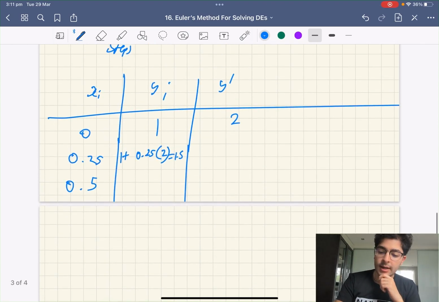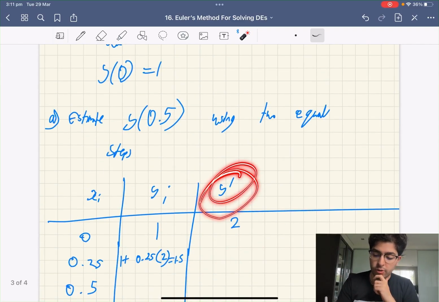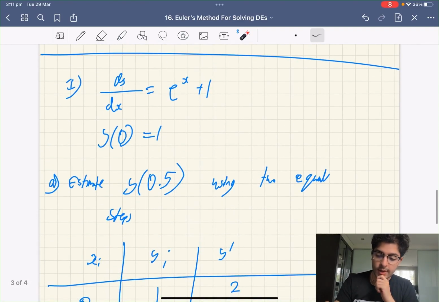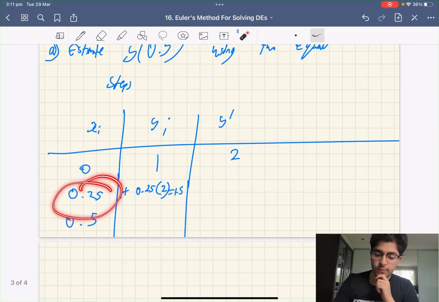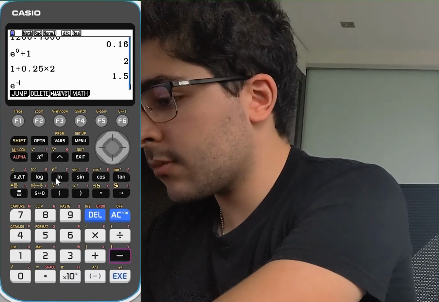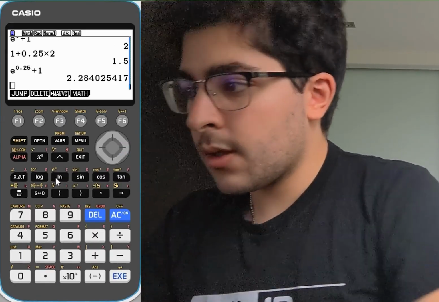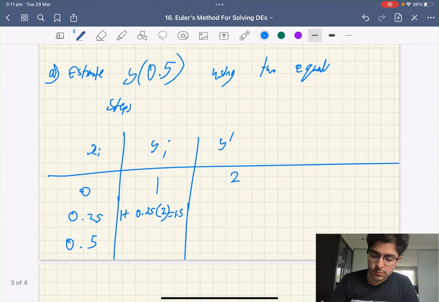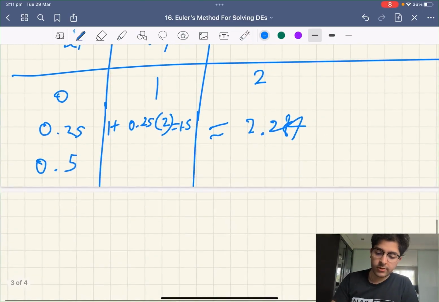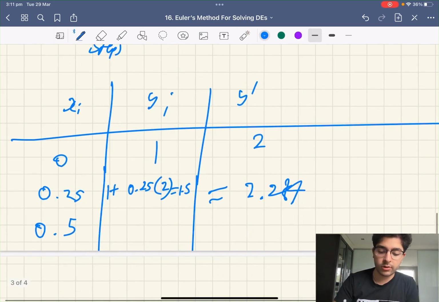Now that we have 0.25 as our x-coordinate and 1.5 as our y-coordinate, we can sub that in to get our new differential equation value for that point: e^0.25 plus 1, and we should get roughly 2.284. I realize in hindsight I should have made this one a lot wider, but I'll do that in the next question.